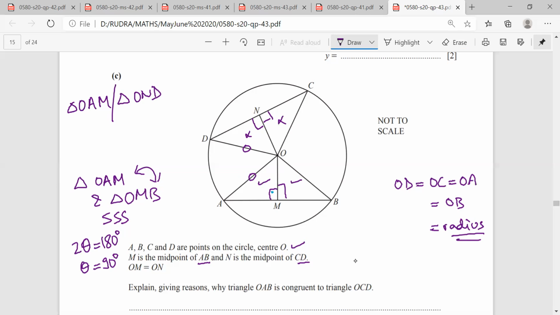Why? Because there is a right triangle, there is a hypotenuse, and this is a side because OM is equal to ON. So by RHS, this triangle is congruent to this triangle. Any doubt? No, sir. Therefore, 1, 2, 3, 4, all the triangles are congruent, and that is why the big triangle OAB is congruent to this big triangle.